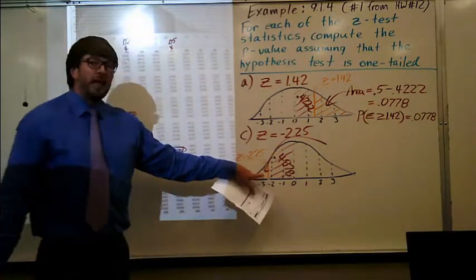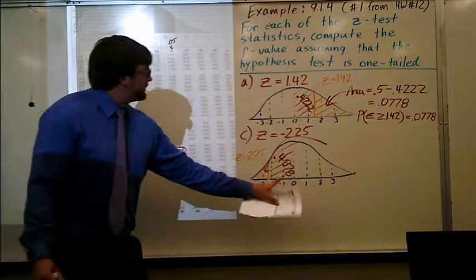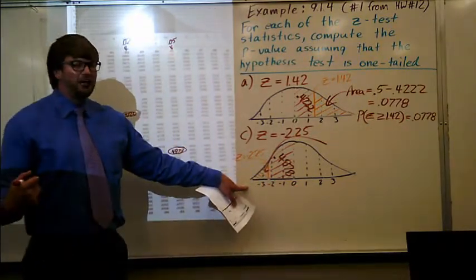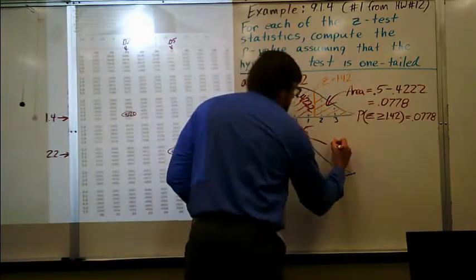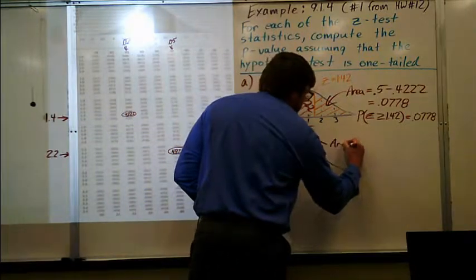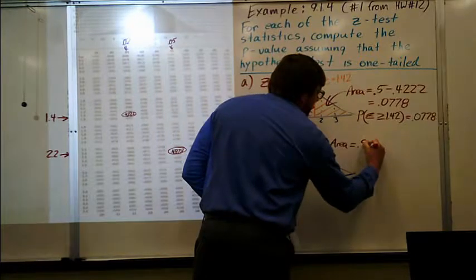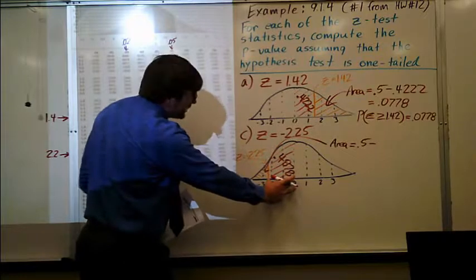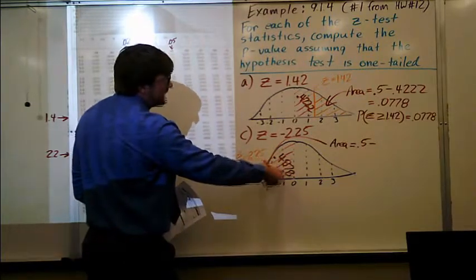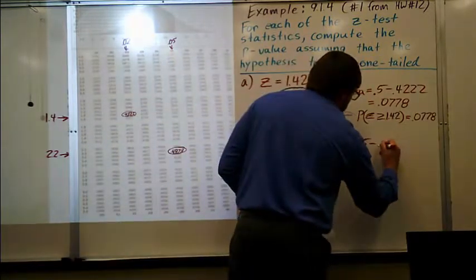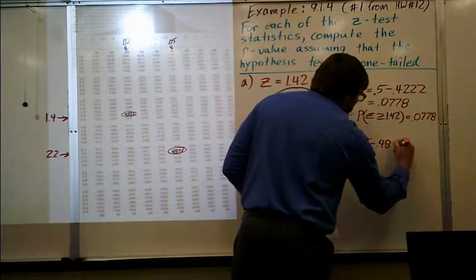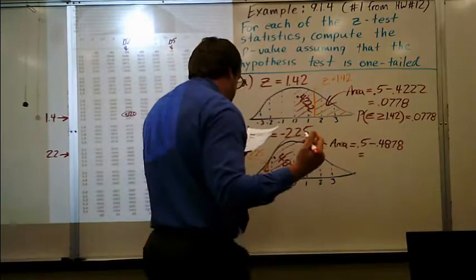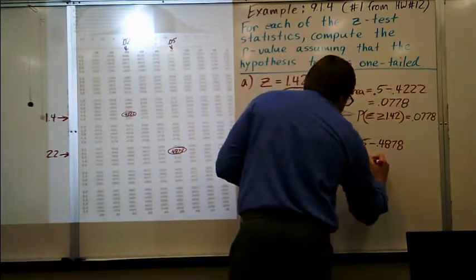That area that we're actually interested in then is, of course, the area to the left of a z-value of 0, which is going to be 0.5 again. Then subtract out this whole chunk that we're not interested in, which we found out was 0.4878. And that comes out to be 0.0122.